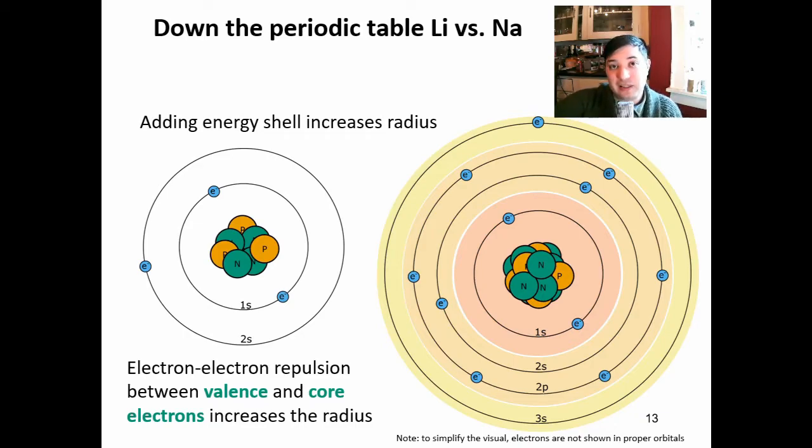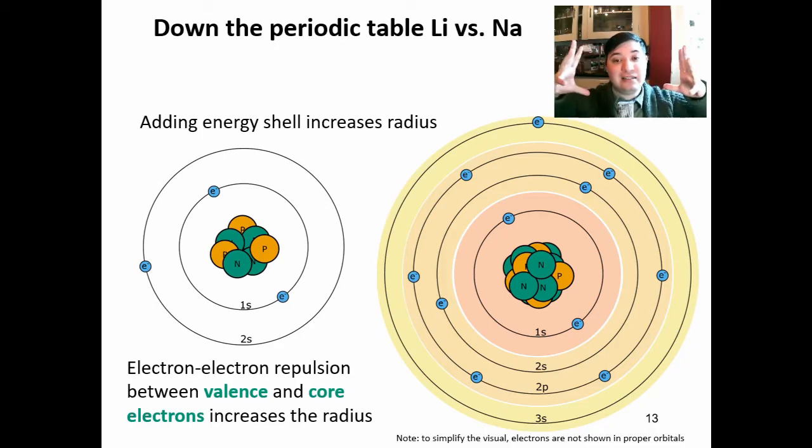Now let's compare lithium to sodium. Now, in the case of sodium, so if you consider your periodic table, we have hydrogen, lithium, then sodium going down in our periods. And so sodium adds an entire energy shell. We go up to n of 3. Lithium goes up to n of 2. Sodium goes up to n of 3. And adding that entire extra energy shell literally adds radius.